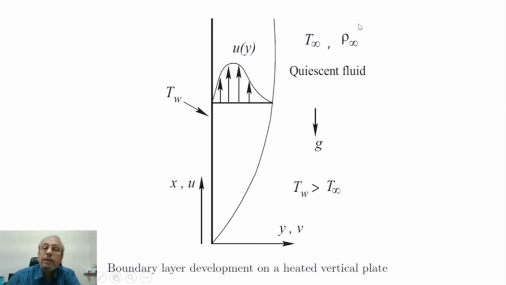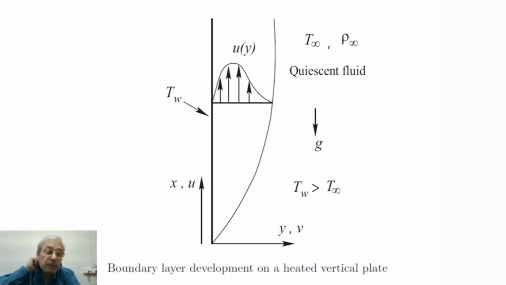Quiescent fluid is at temperature T infinity, and this flat plate is at a temperature TW. TW is greater than T infinity, and this higher temperature induces thermal buoyancy and a flow field is generated.